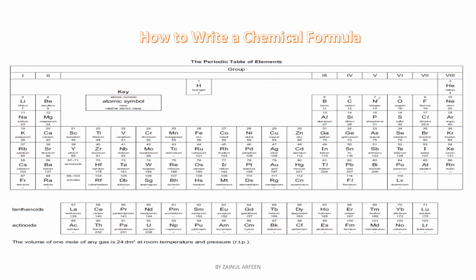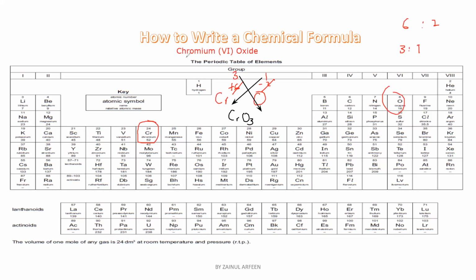Look, for chromium 6 oxide, the symbol of chromium is Cr and the symbol of oxygen is O. This Roman 6 is for chromium, so it means chromium is +6. And oxygen is -2.